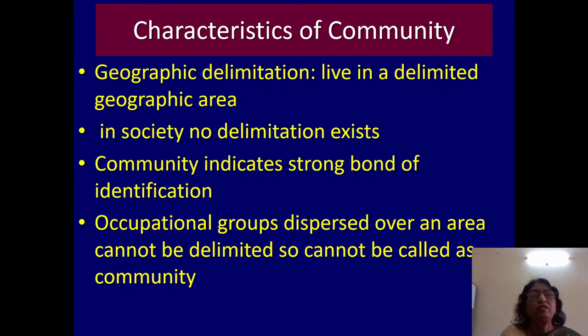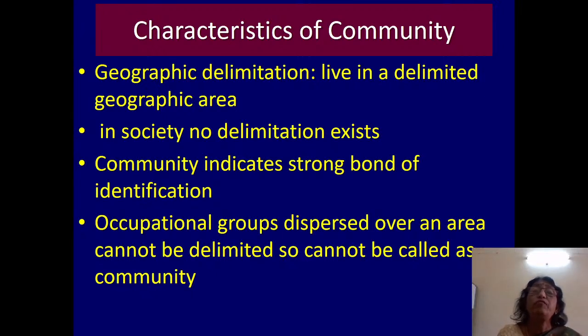And the occupational groups are always dispersed over an area, and it cannot be delimited, and we cannot call it a community. These occupational groups come together from various places. For example, you take IT professionals of any company, maybe Infosys, who are working in Hyderabad.